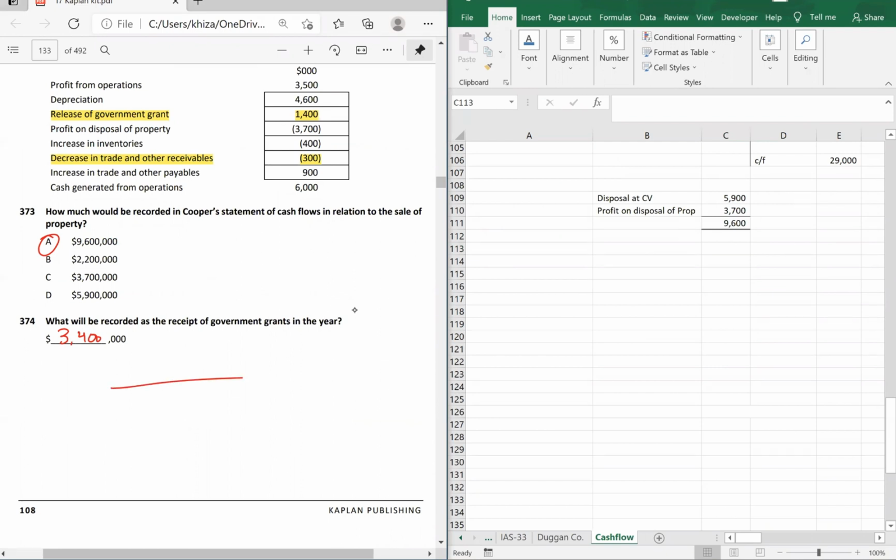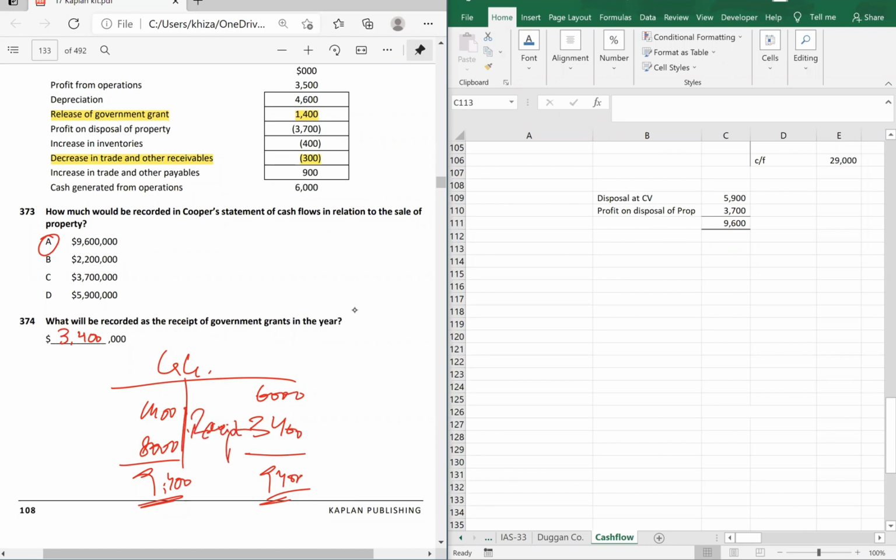Because the government grant opening would be 6, release is 1.4, closing is 8, so that's 9.4, and to get 9.4 on this side you need to add a balance of 3.4, which is your receipt.